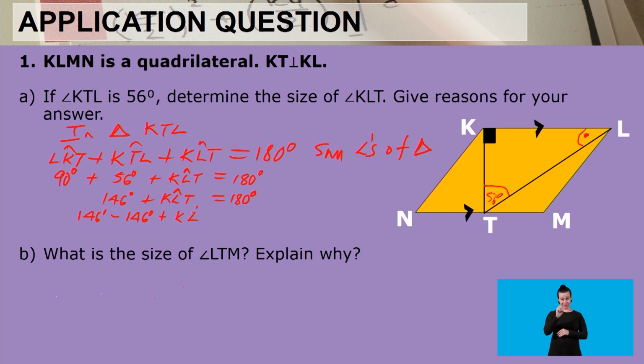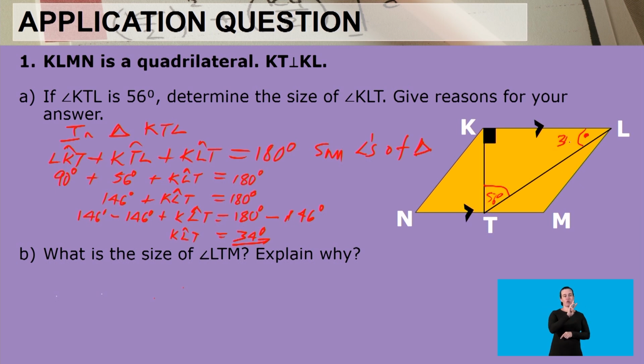Angle KLT equals 180 degrees, and again we need to subtract 146 degrees as we did on the left. So angle KLT equals 180 minus 146 degrees, which gives us 34 degrees. So our value for angle KLT is 34 degrees.